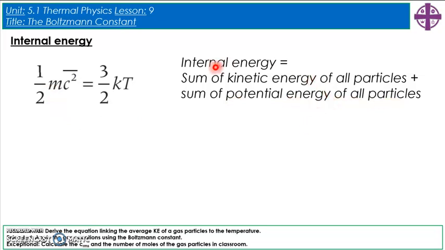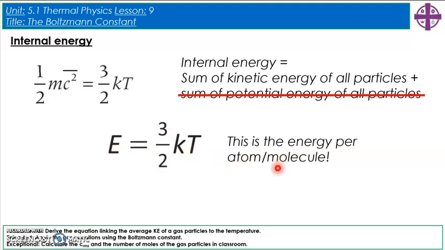So in fact, for an ideal gas, the internal energy is just the sum of the kinetic energy of the particles. That means that this term here defines the kinetic energy of a single particle. So if we have got the kinetic energy of all the particles, we've got the total internal energy. So E, the energy of a single molecule, the kinetic energy, is 3 over 2 kT.